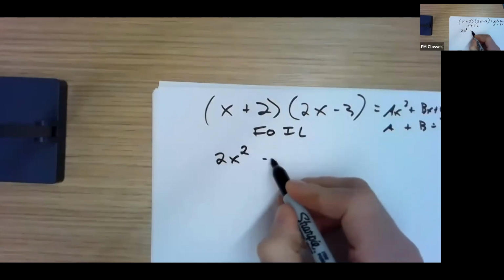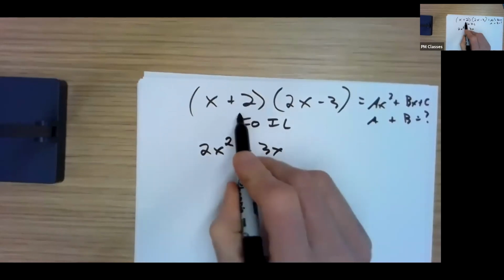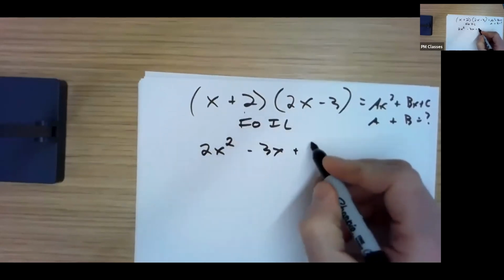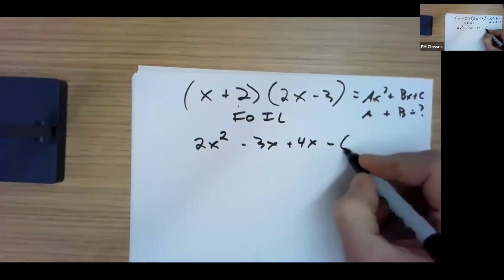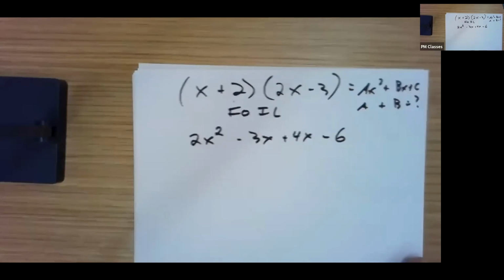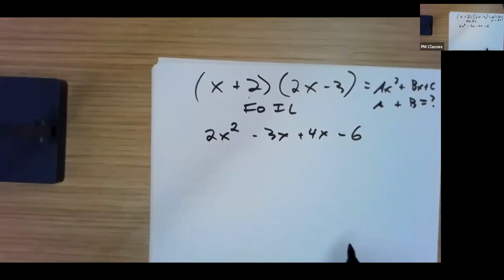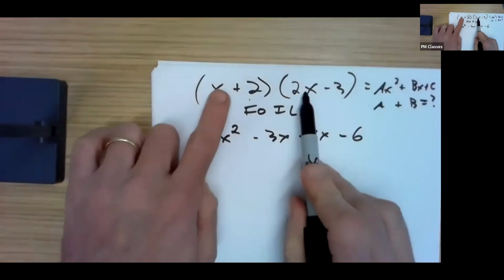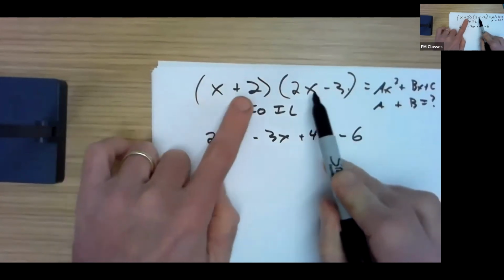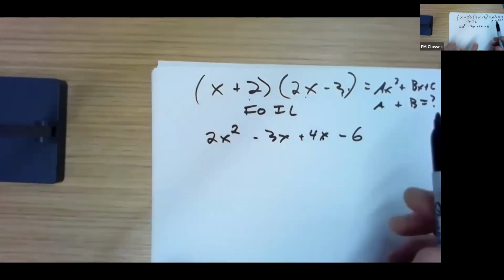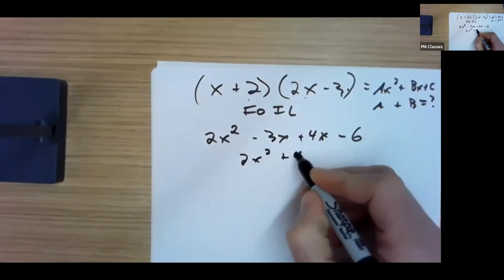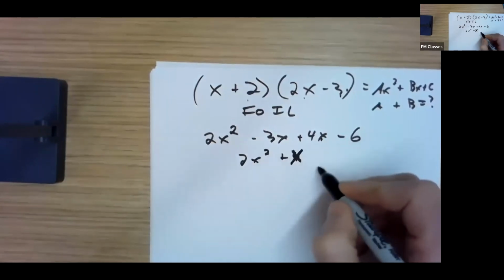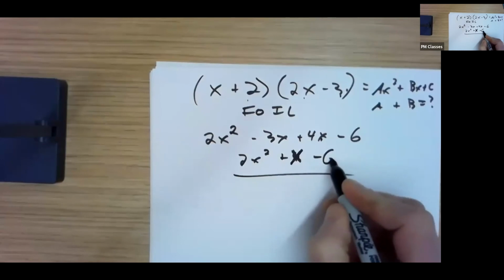And then the last term's minus 3x. Inner, 2 times x, and again, if this is old hat for you or long ago or review, I apologize if I'm boring you, but I want to get everyone kind of on the basics, and then we'll go through harder and harder stuff. So first terms, outer terms, inner terms are here, and then the last terms, and then as always, we put like terms together, minus 3x plus x, and that would be our answer.